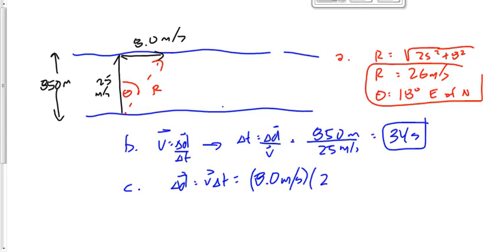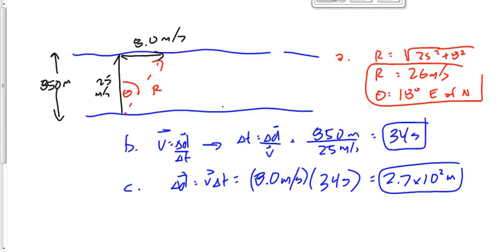It's okay to use that 34 seconds because somebody told me earlier, Jonah, I think it was, it's okay to use the 34 seconds for both horizontal and vertical because time is a scalar as opposed to velocity and displacement. Do the math there. That works out to be 2.7 times 10 to the 2 meters across or downstream. 272, but rounded to 2 digits, it would be 2.7 times 10 to the 2. Good there?